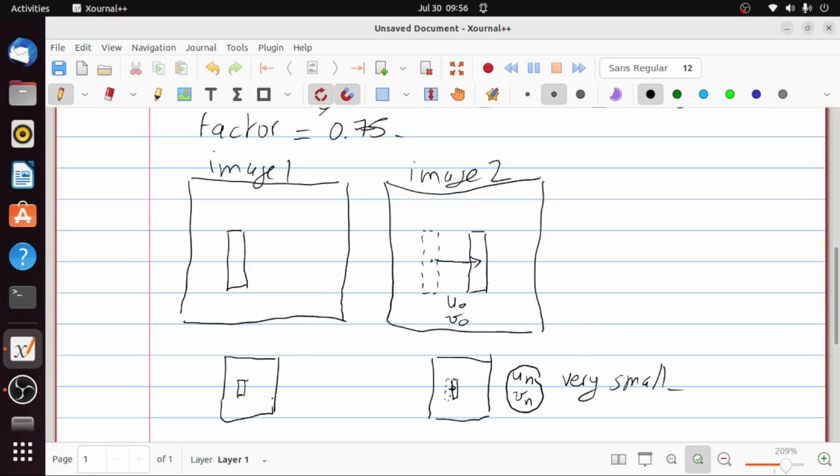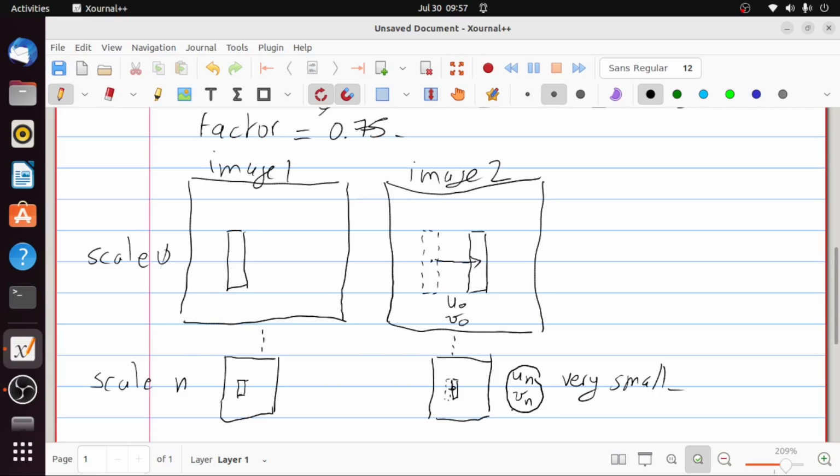So what you do is that you can figure out the Un, Vn at that scale. So this is scale n. This is scale 0. And of course, in between, you have scale 1, 2, 3, n minus 1. So there's a bunch of scales here.